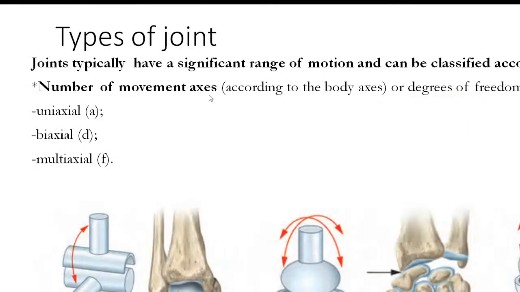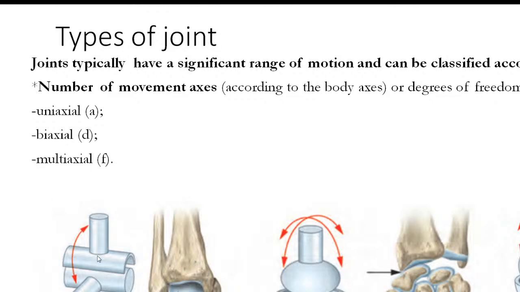Next, types of joints. Joints typically have a significant range of motion and can be classified according to a number of movement axes, body axis, or degrees of freedom.